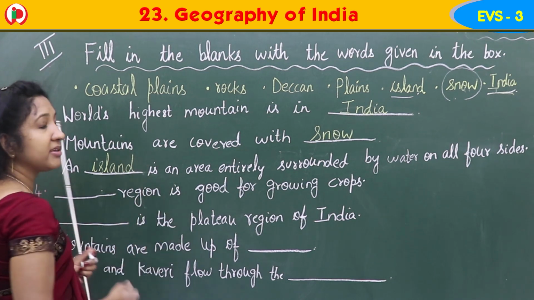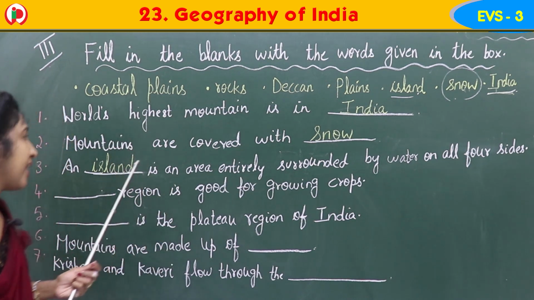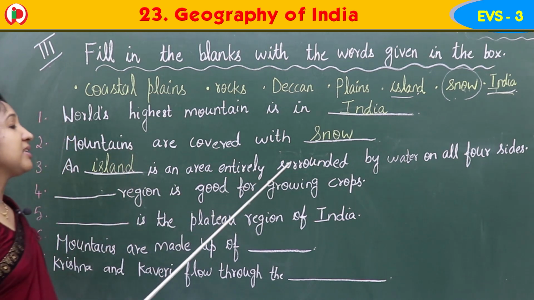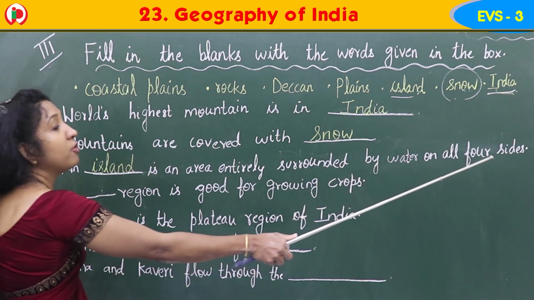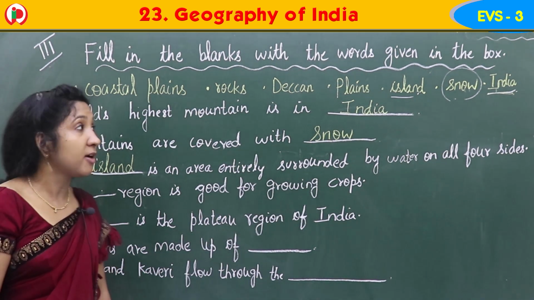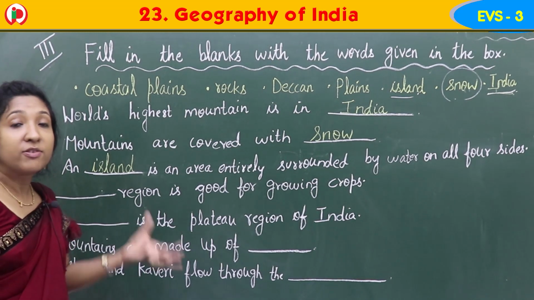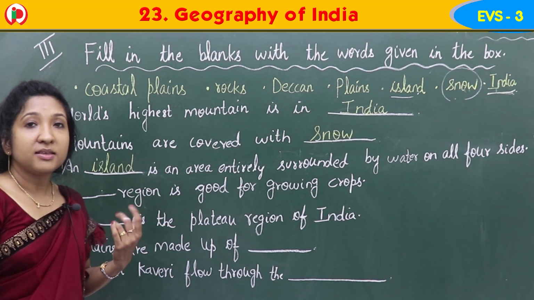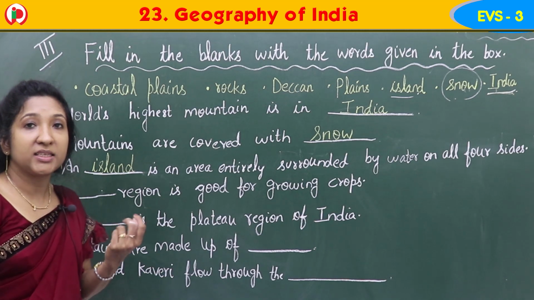I-S-L-A-N-D, island. An island is an area entirely surrounded by water on all four sides. Now fourth one, dash region is good for growing crops. Which region is good for growing crops? Yes, the fertile land, where we can find silt sand. Which land is it?